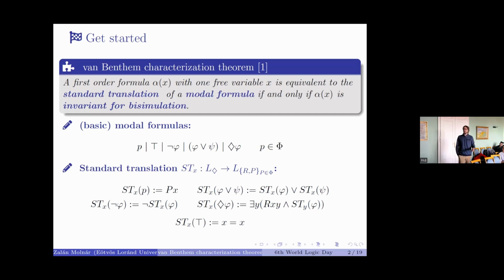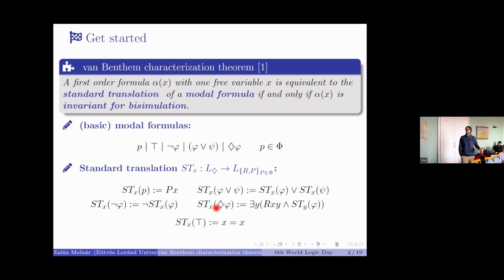And the translation is very intuitive: every propositional parameter is translated to this atomic formula. Conjunction is done in the usual way. Negation is handled in the usual way.